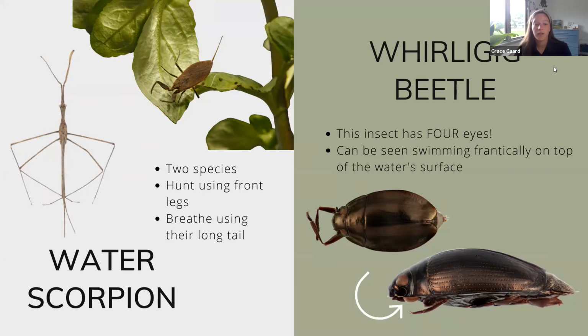And so you can see one looks much more like a walking stick, while the other one is a little bit thicker and looks a little bit more like a scorpion. But they have those kind of long legs that they use, similar to even how a praying mantis does, where they grab their prey and then they breathe using that long tail that is their siphon where they can get water like through a straw. So water scorpions are very, very fascinating and cool to find.